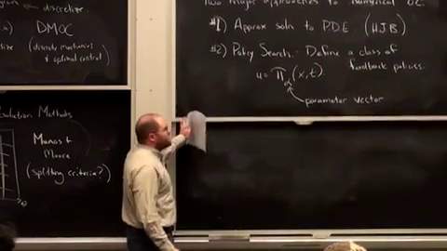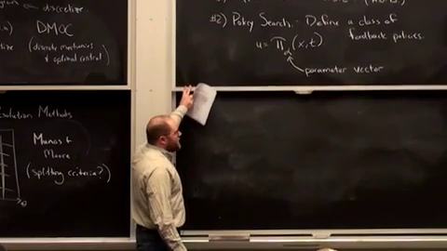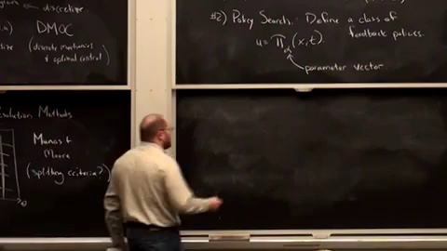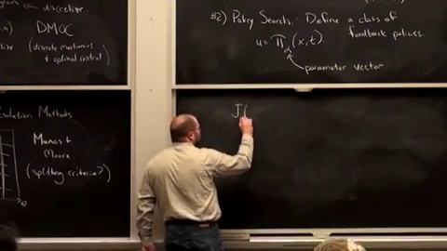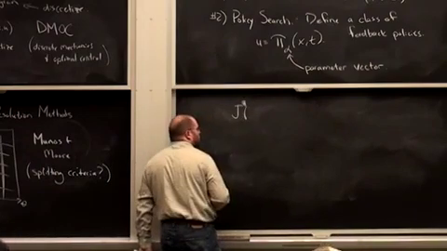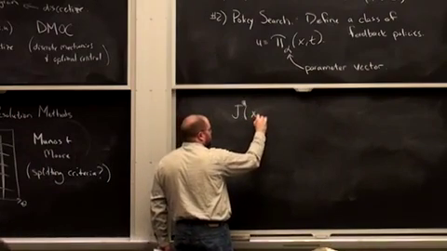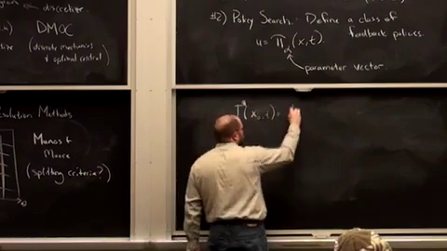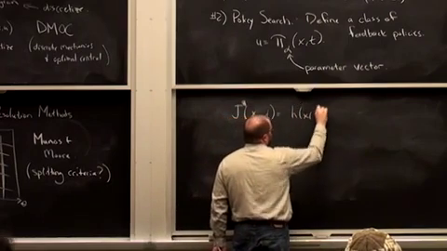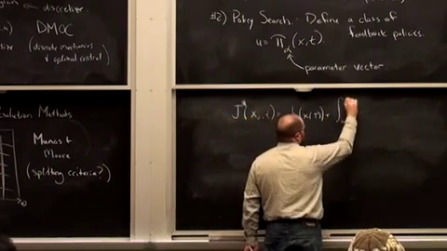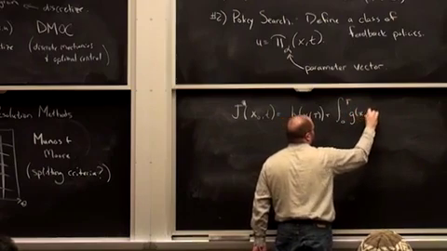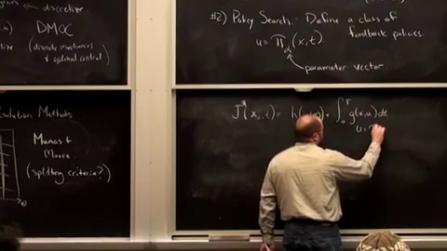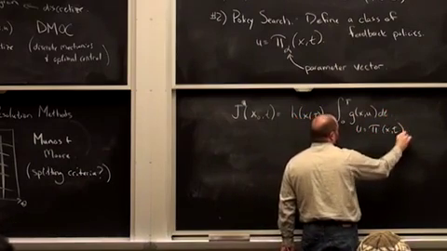We define a class of feedback policies, and then using the same formulations we used before, where we used J to represent the long-term cost of starting at some initial condition at some time, this is what I wrote down before.